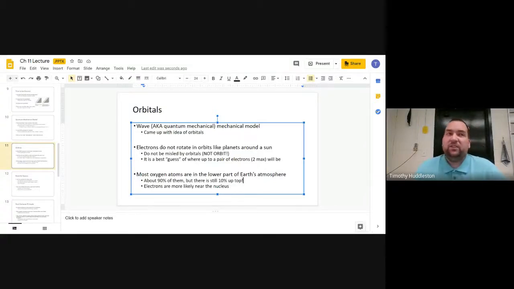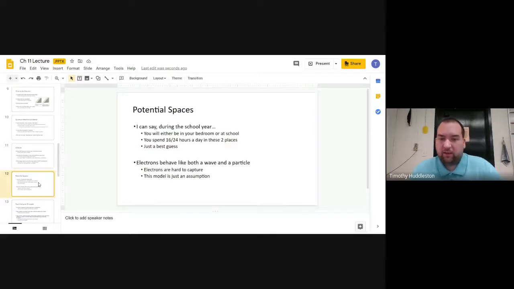Now, if I ask you for a random given oxygen atom where it was, you can't say for sure that it's in the lower part of Earth's atmosphere, because there's about 10% still up in the upper atmosphere at any given time. That doesn't mean that some can't go down or go back up. It just means that most of the time it's going to be in the lower atmosphere, okay? Just like electrons are going to be more likely to be near the nucleus or in these potential spaces, okay?